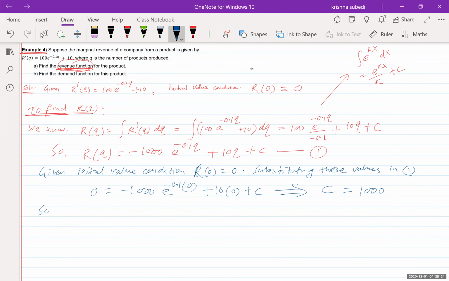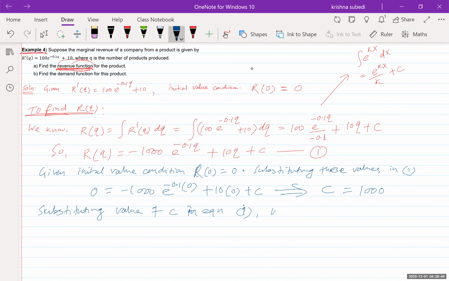So substituting the value of c in equation 1. Equation 1 is the general solution. Now we are able to find the particular solution because the value of c is 1000.